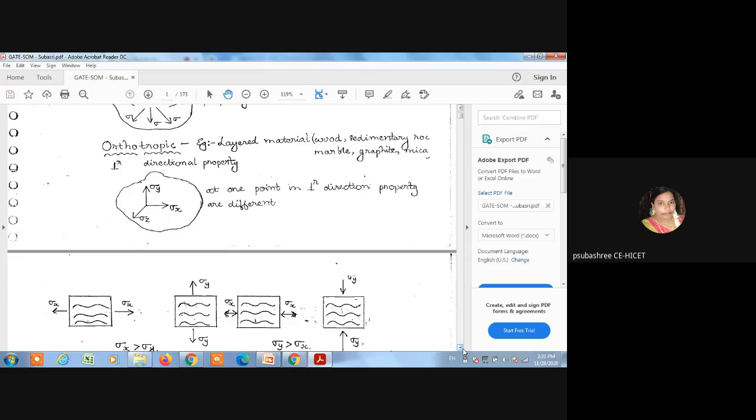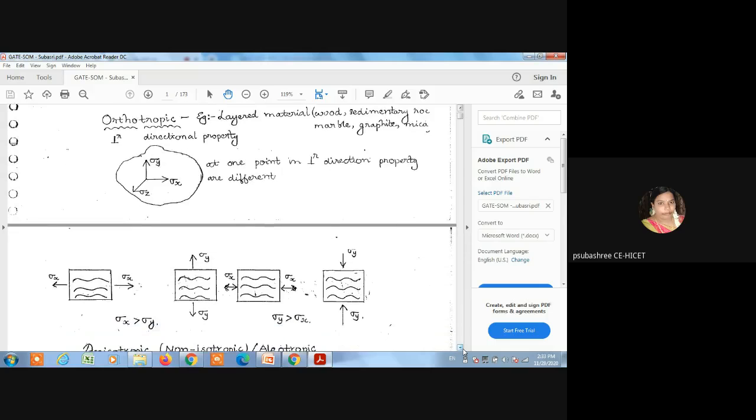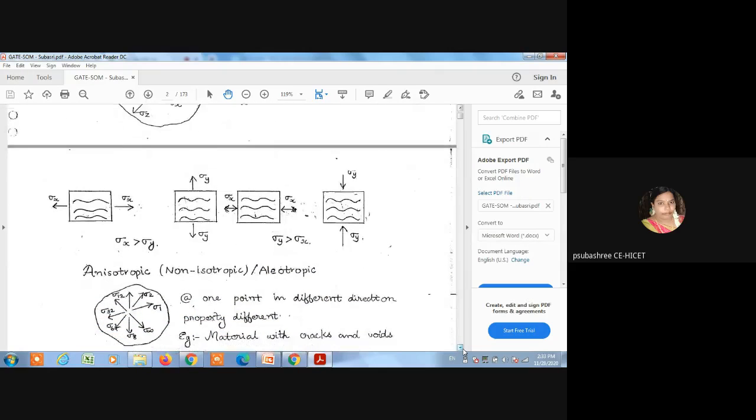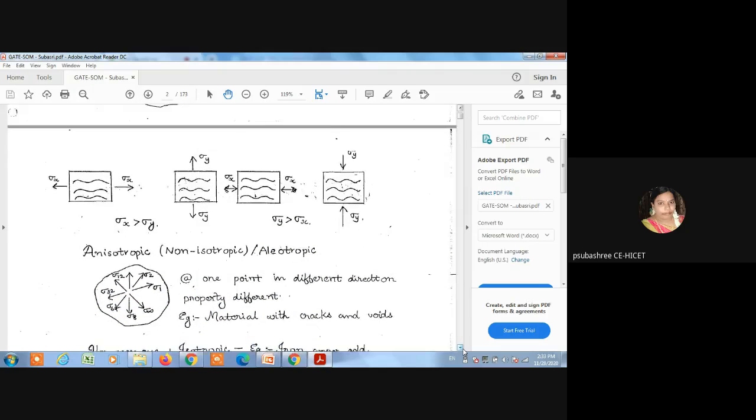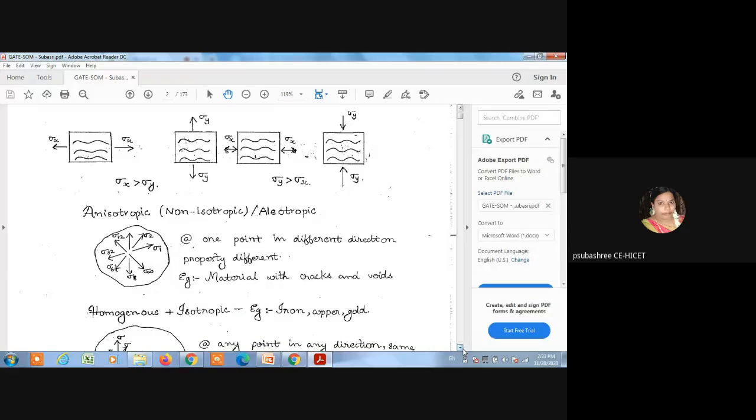Orthotropic means the material has different mechanical properties in perpendicular directions at one point. Non-isotropic, or anisotropic, means the properties at one point are different in different directions, for example a material with cracks and voids.